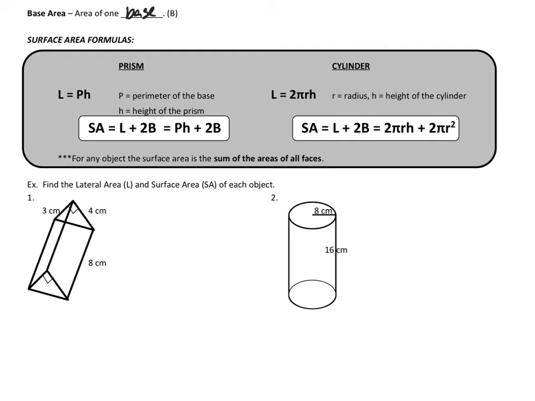In a prism, we need to find the lateral area first in order to find the surface area.